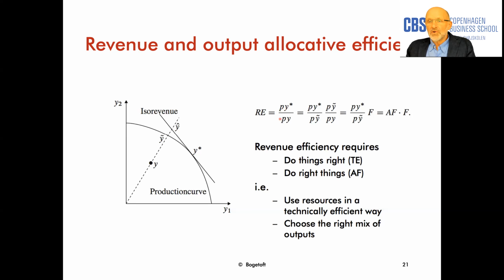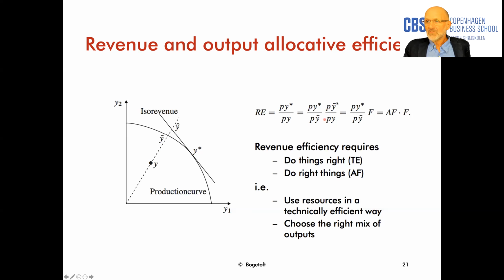Now again, you could first consider moving your production plan out here proportionally to the frontier, and then only later adjusting the mix of services you provide. And this is what I do here. First I move from Y to Y star. That's technical efficiency. This bit here is technical efficiency. And since it's on the output side, it's equivalent to the Farrell output symbol I used before, F. So this is Farrell output efficiency.